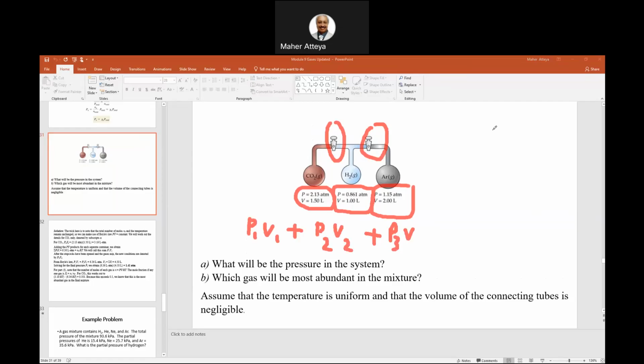Remember, it's Boyle's law, P1V1 equals P2V2, where 1 is initial and 2 is the final. That's Boyle's law. So we calculate the whole thing.